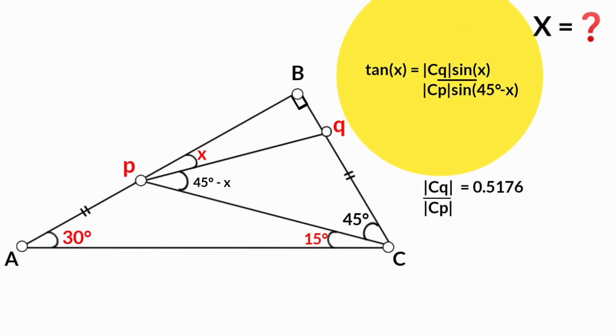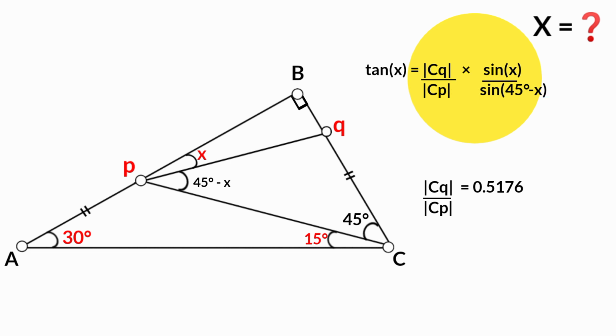If we come back to our equation, tan x equals line CQ sine x over line CP sine 45 degrees minus x, which is equivalent to line CQ over line CP times sine x over sine 45 degrees minus x. And here we have line CQ over line CP equal to 0.5176.